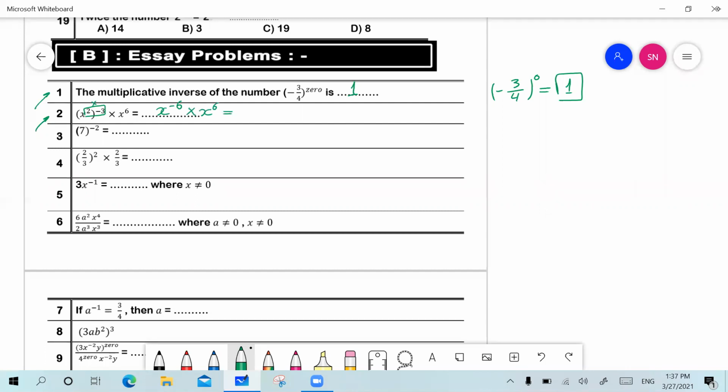Which is x to the power of negative 6 plus 6, so x to the power of 0, and the final answer is 1. Thank you, dear. يبقى هنا عشان we found a power and a power, so we multiply them together.